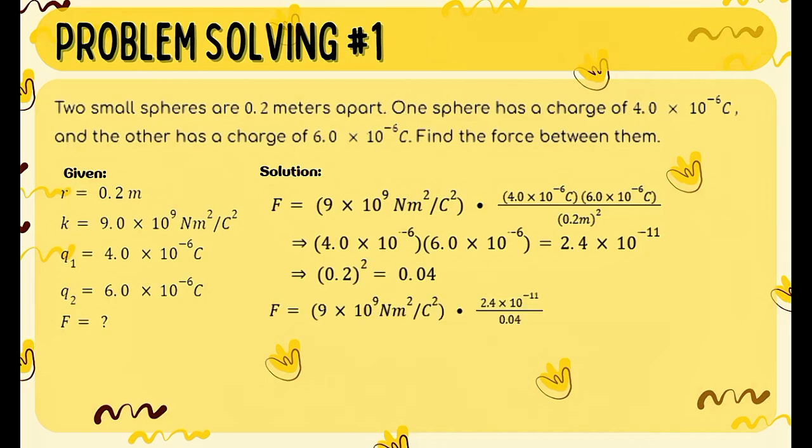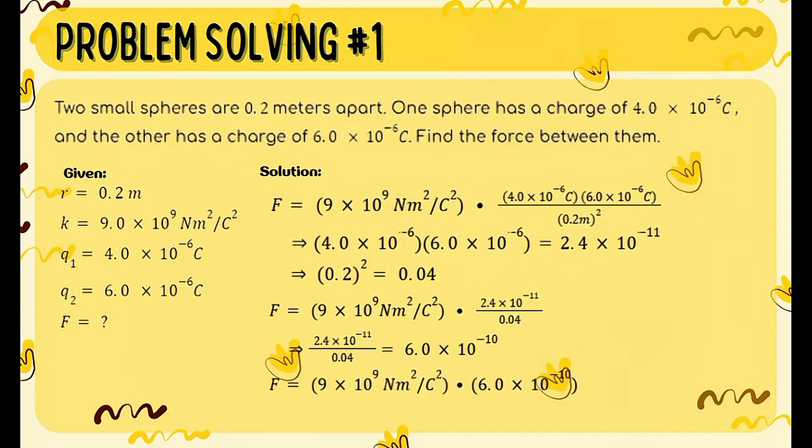So now we have F equals 9 times 10 to the power of 9 multiplied by 2.4 times 10 to the negative 11 divided by 0.04. Then 2.4 times 10 to the negative 11 divided by 0.04 equals 6.0 times 10 to the negative 10. So now it simplifies to F equals 9 times 10 to the power of 9 multiplied by 6.0 times 10 to the negative 10. And by multiplying this, we get an answer of F equals 5.4 newtons.